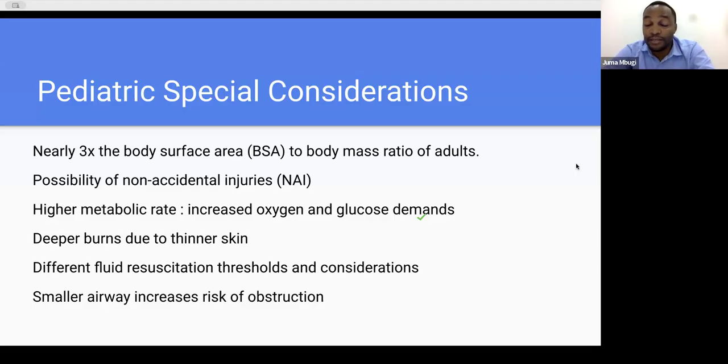And the thinner skin also causes increased permeability and loss of water as well. So different fluid resuscitation thresholds have to be considered as well. And children have smaller airways that also increase the risk of obstruction.